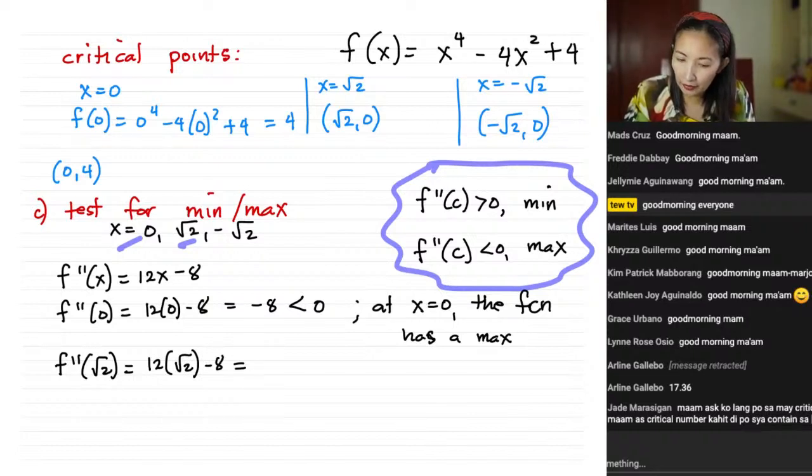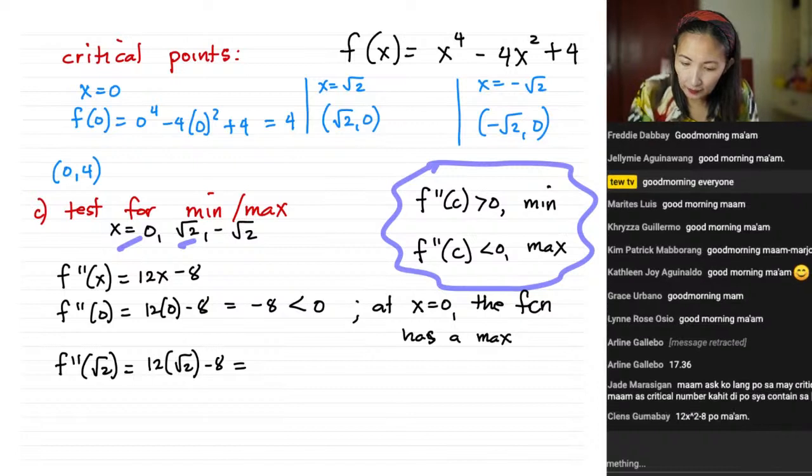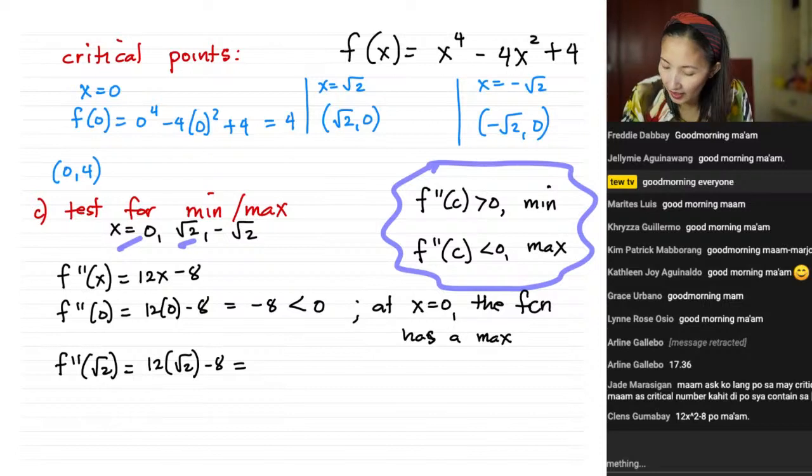Okay, get your calculator and you can verify. Square root of 2 times 12 is 16.97.